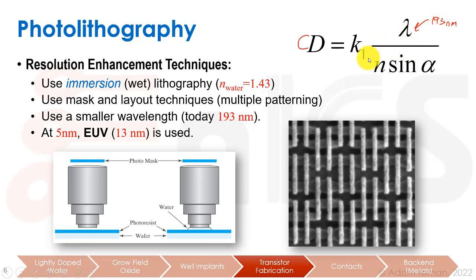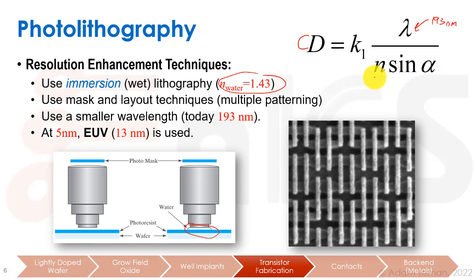And now what can we do? So this n really is the refraction coefficient of the substance that we're shooting our laser through. Usually we use air, which is 1, but instead we can use immersion lithography, which means we put water over here, and that gets us a smaller factor. The sine alpha, what is that exactly?